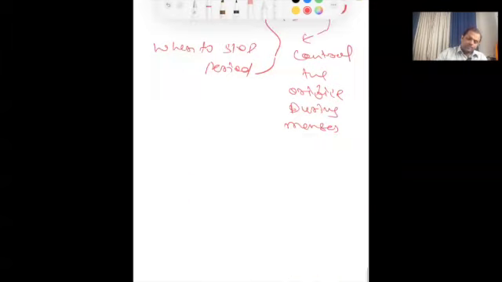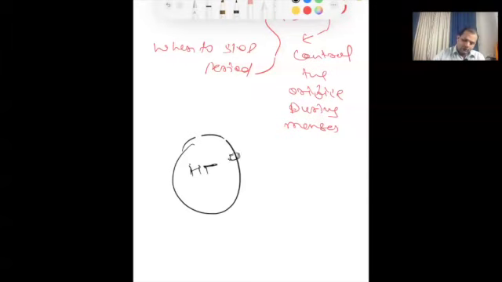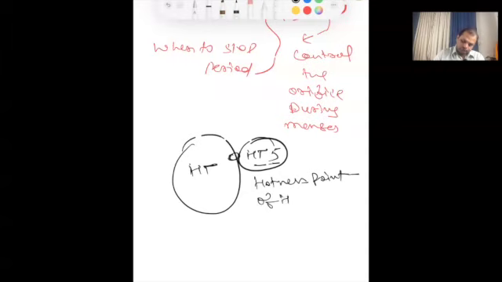So in this way, in the heart meridian, we have a very good point, that is heart 5. Heart 5 is called the hotness point of the heart. So heart 5 decides when to start the period and when to stop the period.